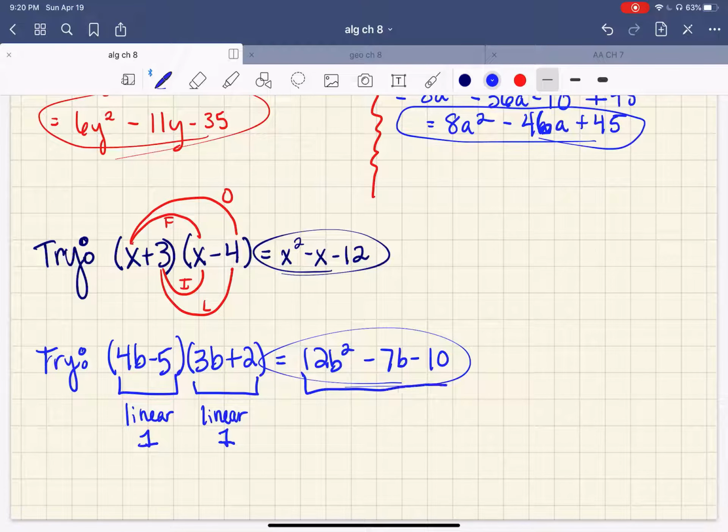And then what we are getting consistently when we multiply a linear and a linear, so you can look back at the notes, that's all we've been doing this whole time, is multiplying something that's degree 1 by something that's degree 1. When we do that, we are getting a quadratic, we call it, or degree 2. We're getting a degree 2 every single time.